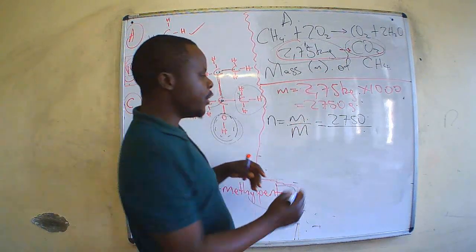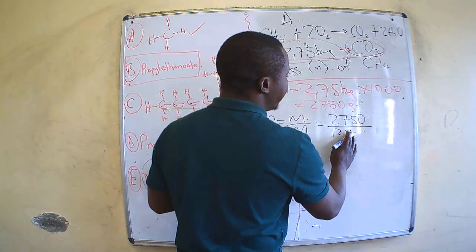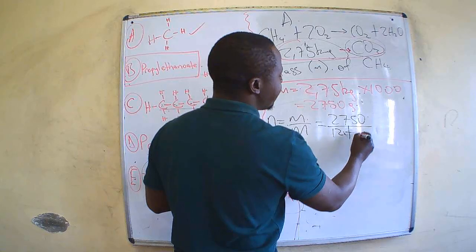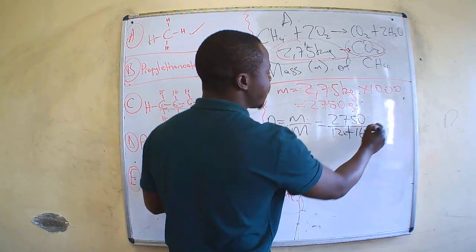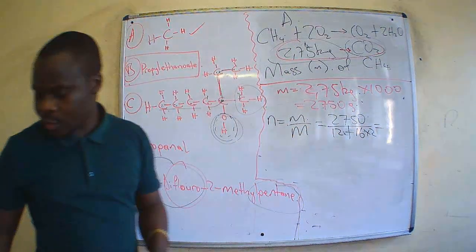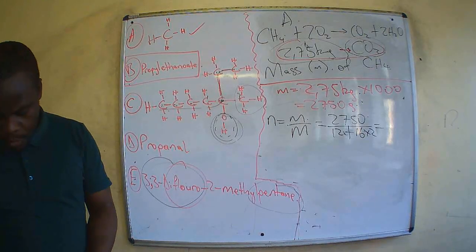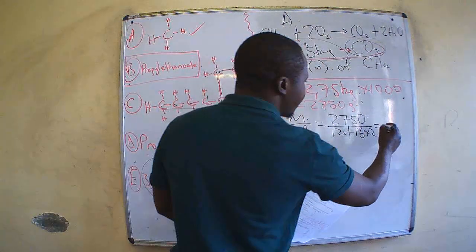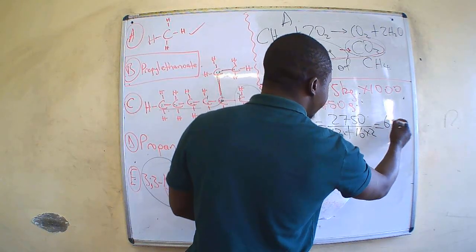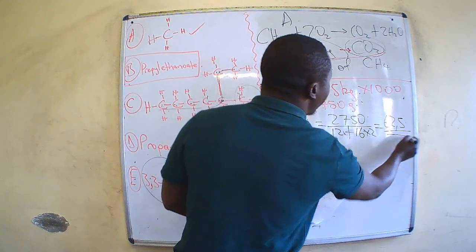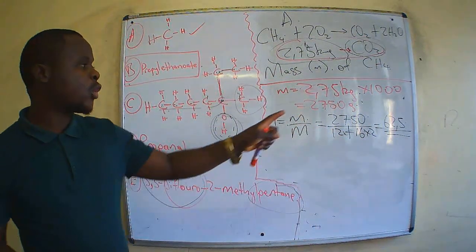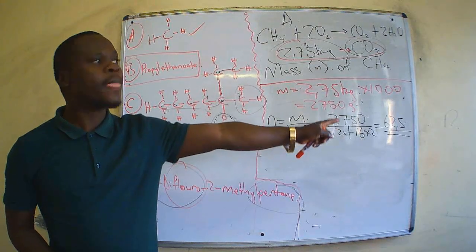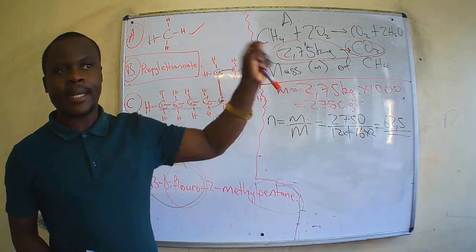For carbon, we know it is 12 plus, for oxygen, it's 16 times 2 atoms. Dividing the two is going to give us 62.5 moles. So there's going to be 62.5 moles of carbon dioxide that has been formed.